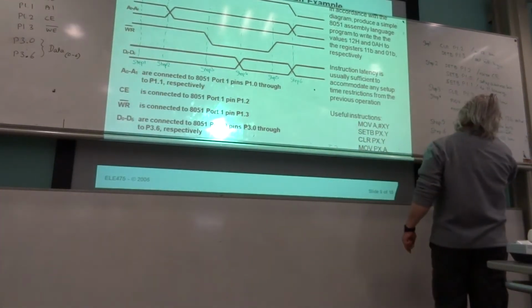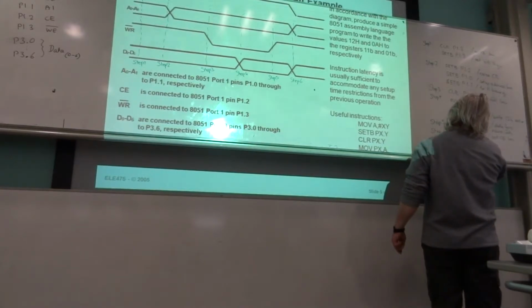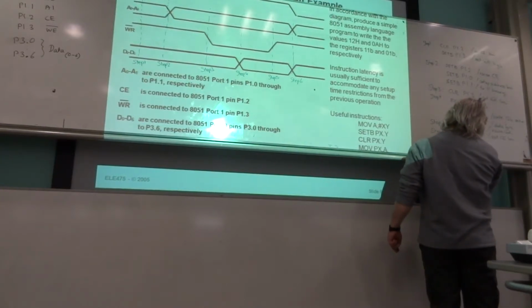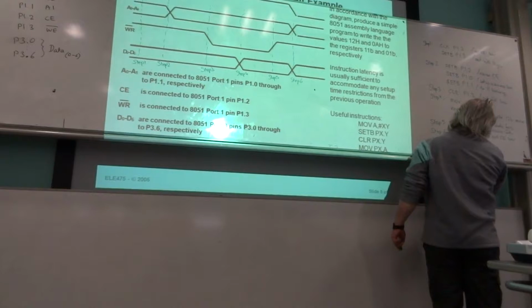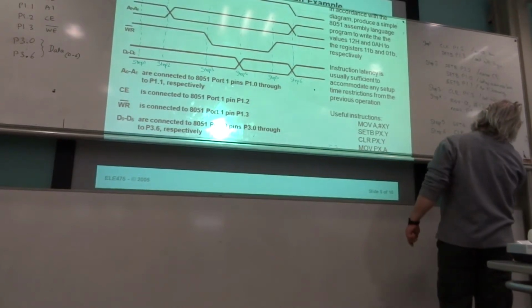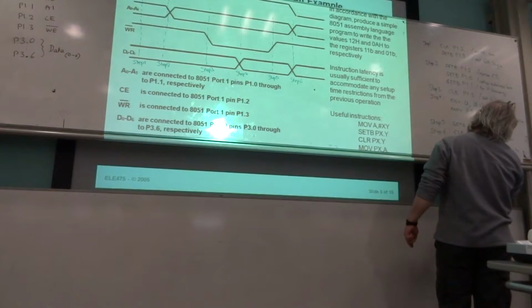I'll write it in. So that would be set B, P10, clear, P11. Both of those is to set up an address bus. Set up address 0, 1 binary.